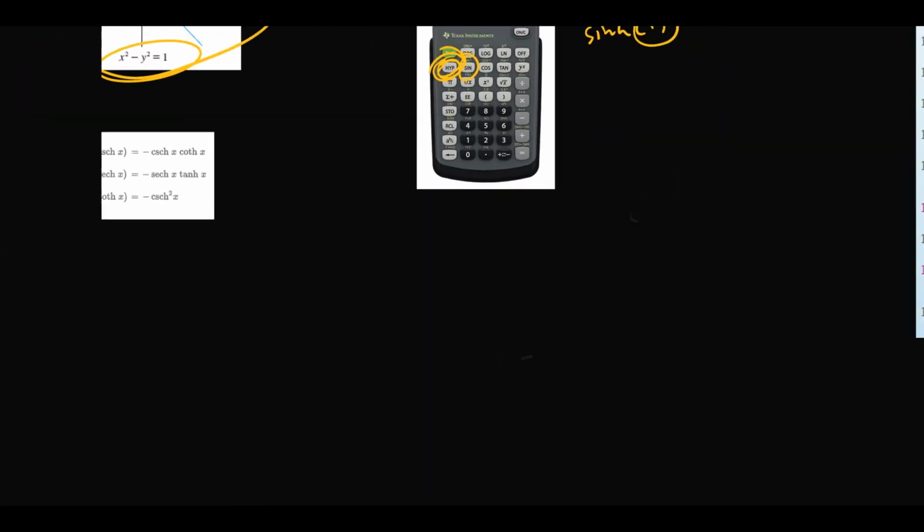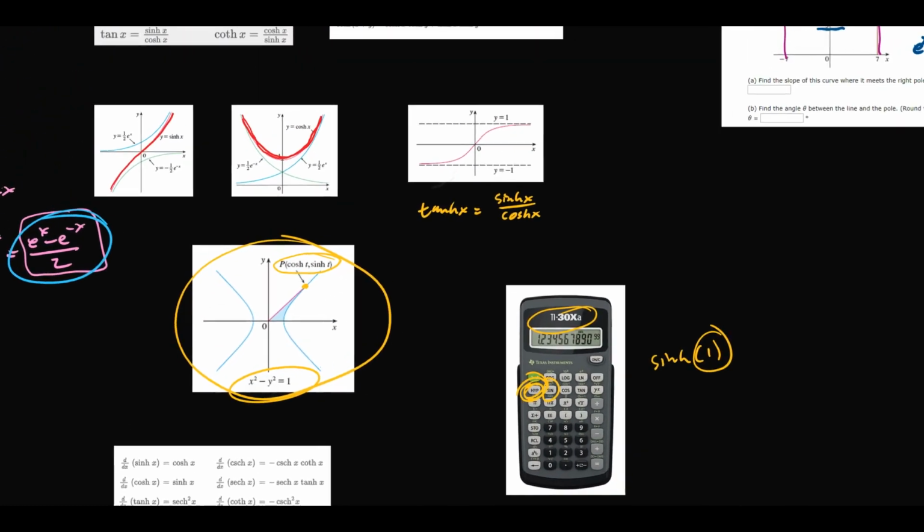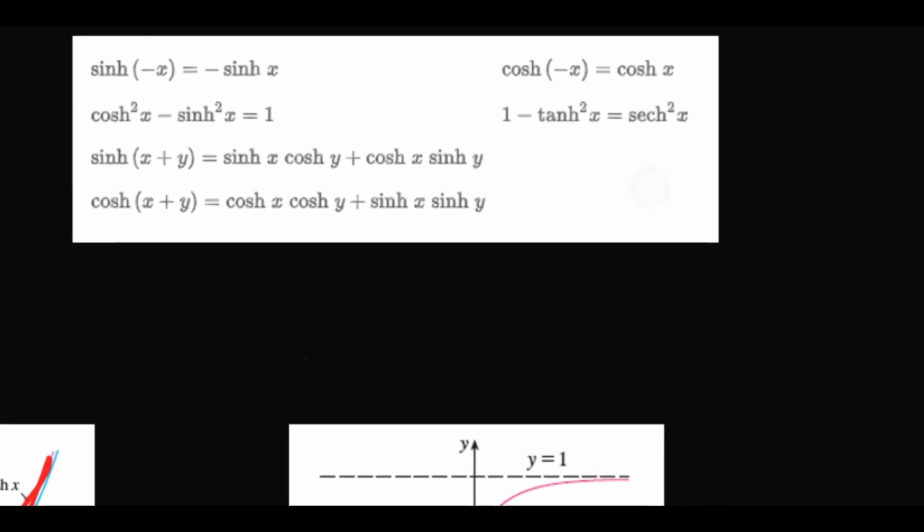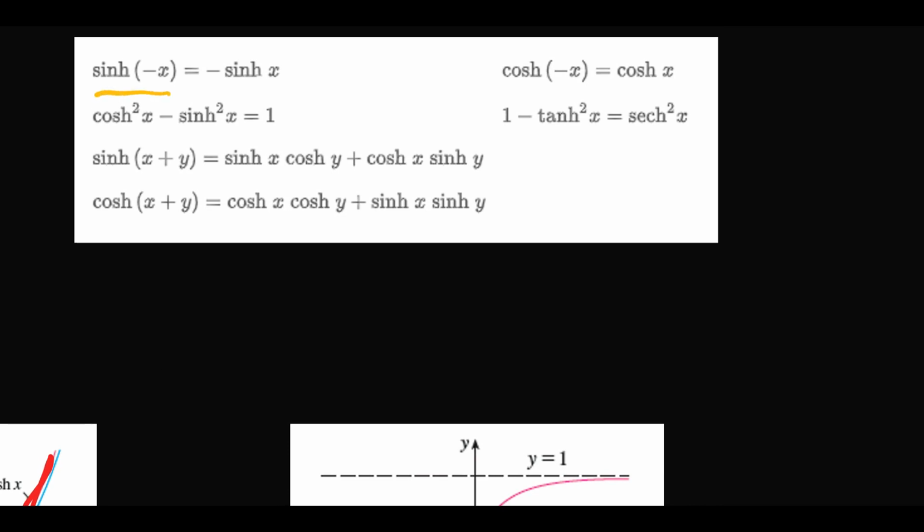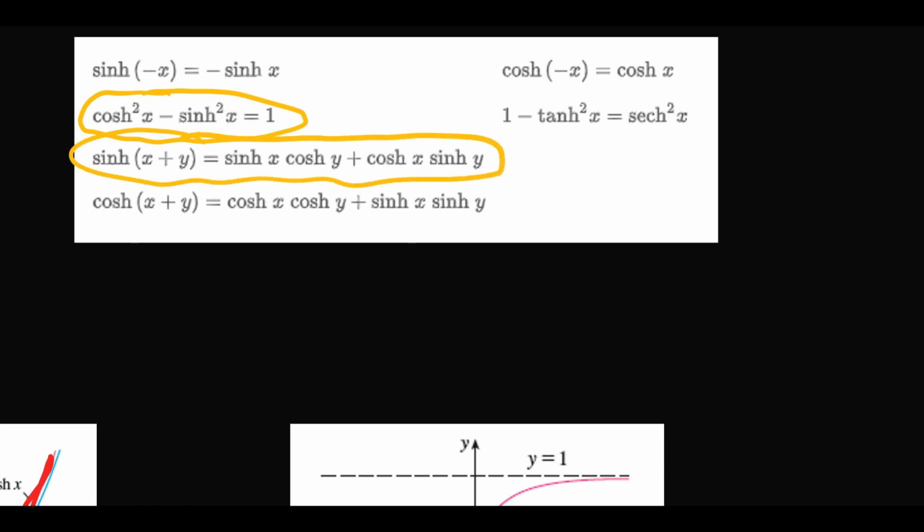Now, they're also going to ask you to prove some formulas. We're not going to get to the derivatives just yet, like these right here. So I'd like you to know how to prove this one. And proving this one is a little difficult. If you look at this one here, remember in trig, it's 1 plus tangent squared of x is secant squared of x.